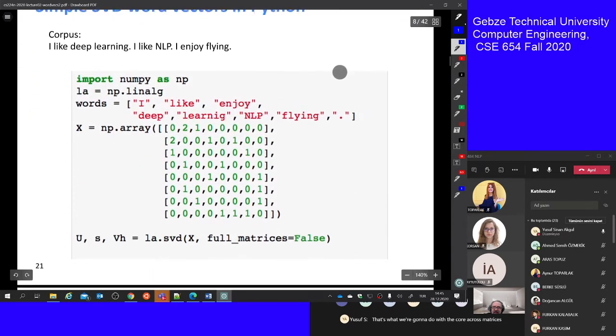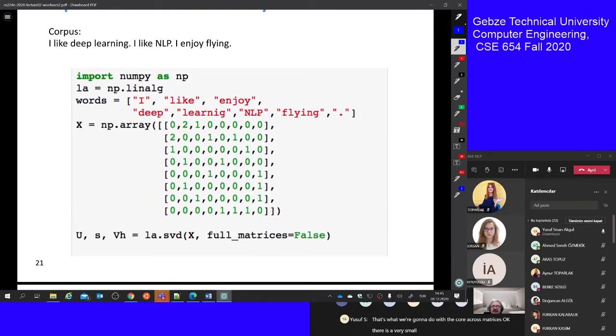Okay, there is a very small Python code. Import numpy as np. Under np there is a linear algebra section, and I have my words, an array. I have this np array. This is my co-occurrence matrix.